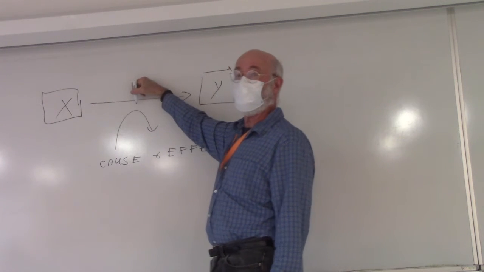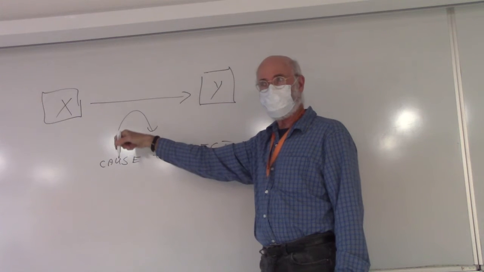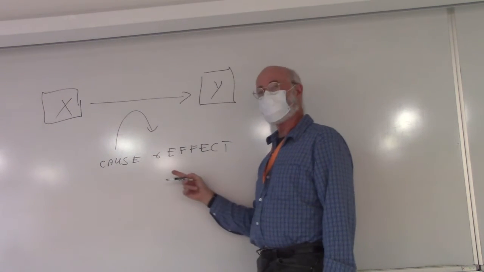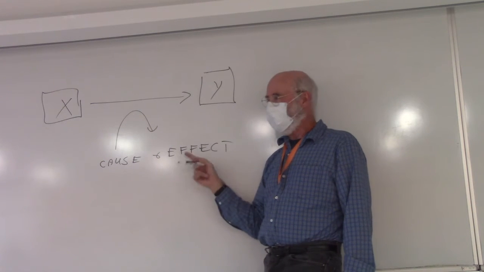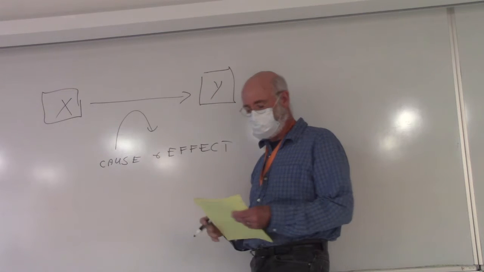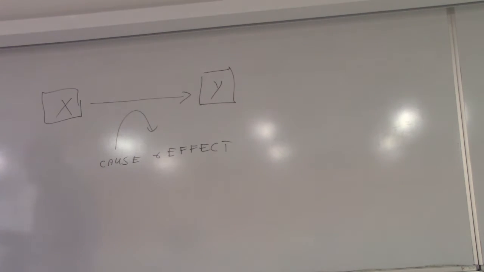We didn't make any claims about the nature of that relationship at all. But now we're saying, not only do I think there's cause and effect, but I know what the basic shape of that relationship is. So what we want to do is develop the most parsimonious description of that relationship.